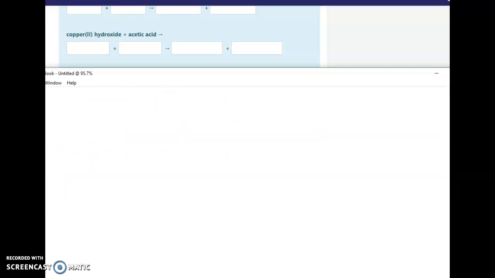To approach this problem, copper 2 hydroxide, use your periodic table and polyatomic ion sheet, and look up these charges. Copper 2 is copper with a 2 plus. Hydroxide is the OH 1 minus ion. When we crisscross that, we're going to get Cu, OH, rewrite them together, move your numbers, put a 2 there.